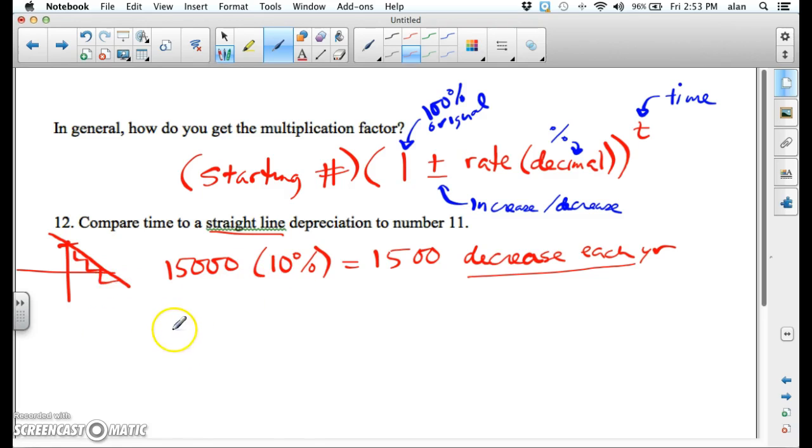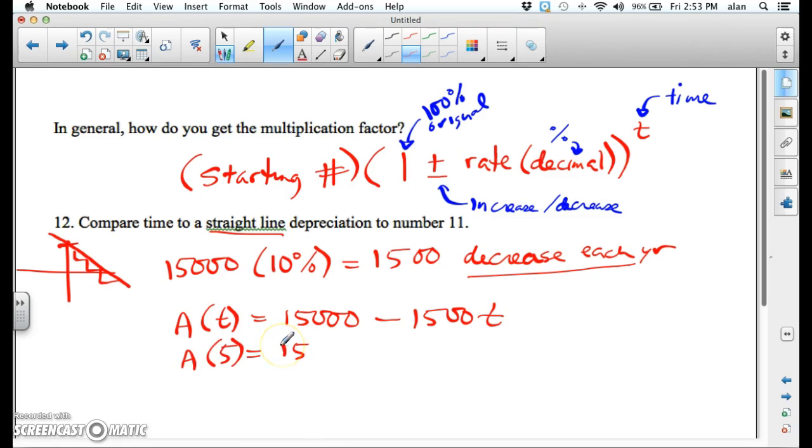So our formula in that case would be, well, the amount given time is $15,000, what we start with, and we want to take off 1,500 each year, since 1,500 was 10% of 15,000. So if we were to do the same scenario where we want to find in 5 years how much that would be, we have 15,000 minus 1,500 times 5.